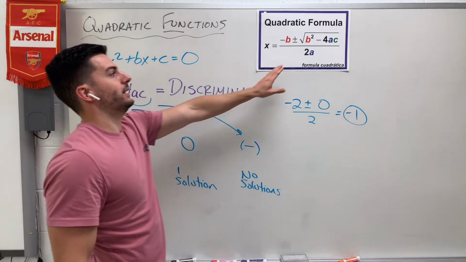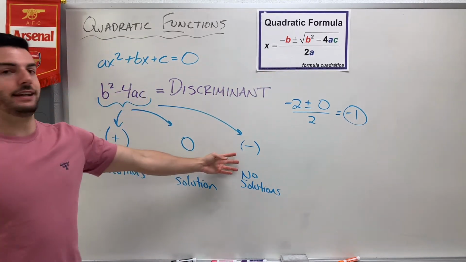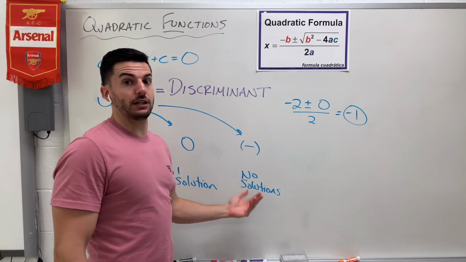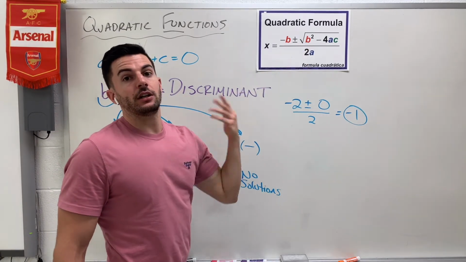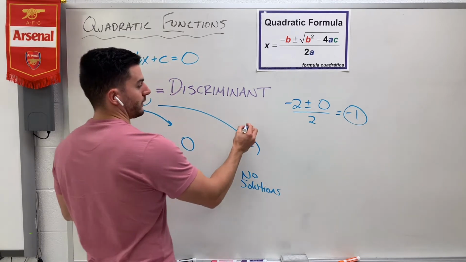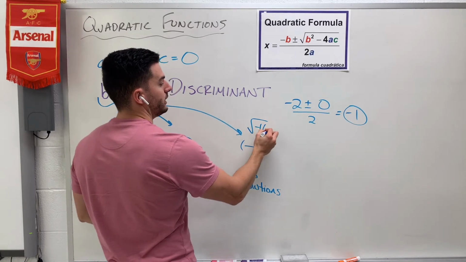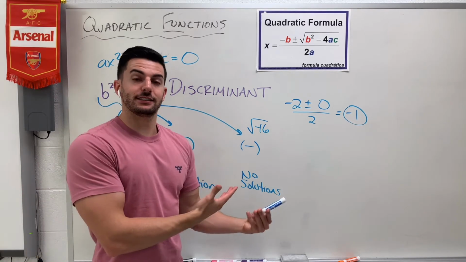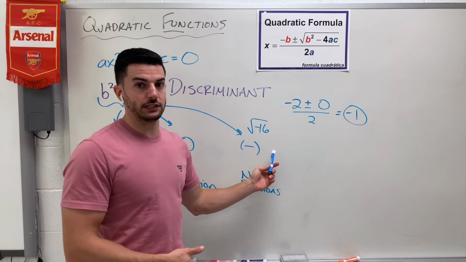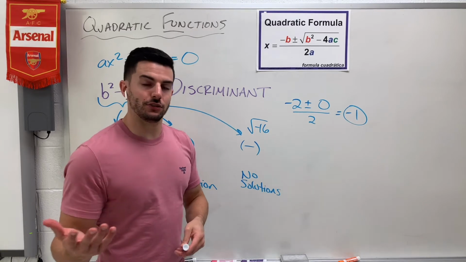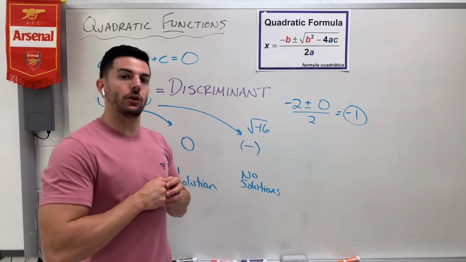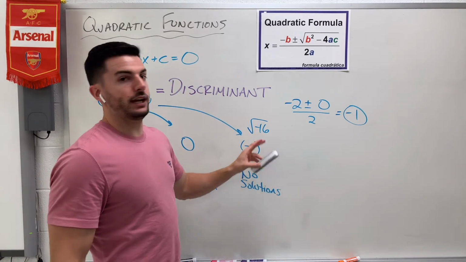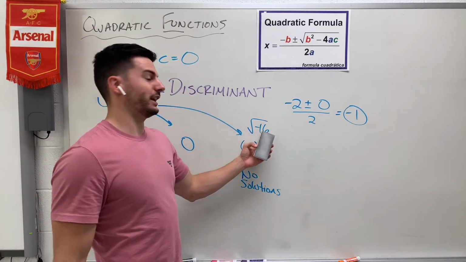If this discriminant ends up being a negative, there's going to be no solutions. Because if you think about taking the square root of a negative number, like if I asked you, what's the square root of negative 16, you would be answering what number times itself equals negative 16. And you couldn't really give an answer to that, at least with real numbers, because you can't do something times itself to equal a negative answer.